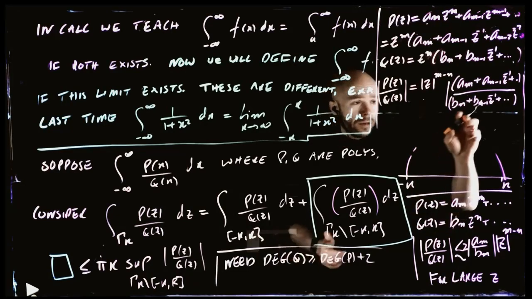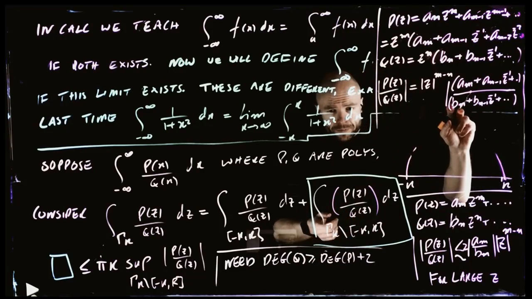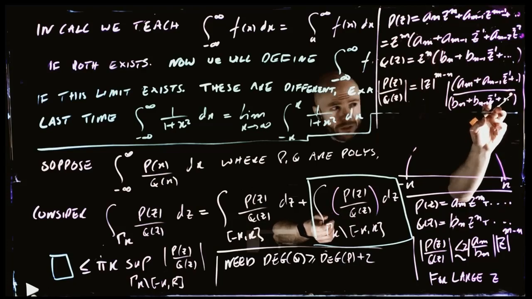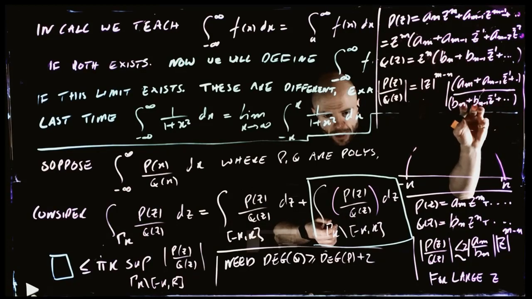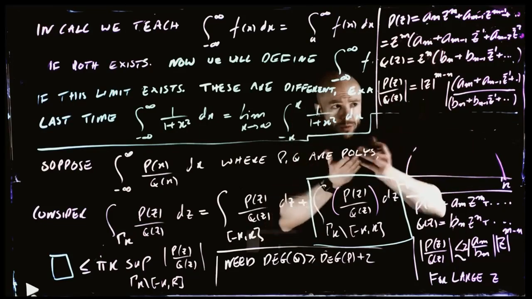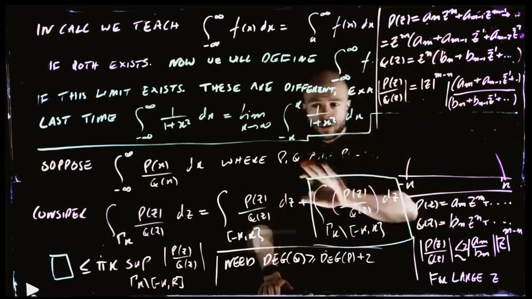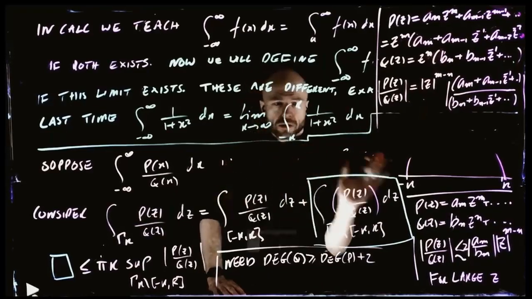Okay. And we can also guarantee that this bottom part is at least half of this guy, because all the other coefficients get arbitrarily small. It doesn't matter what this b_{n-1} is and all the other terms. Look at this.